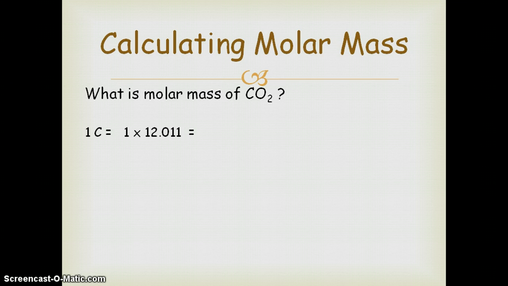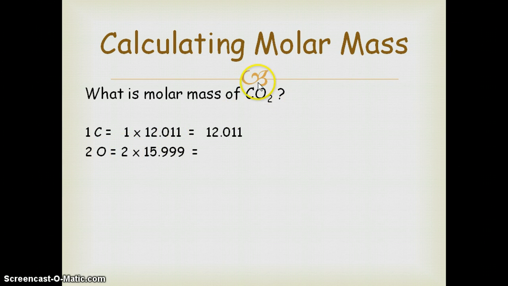You have 1 carbon atom. We know that its molar mass is 12.011 grams for every mole. Then we have 2 oxygen atoms. We know that their molar mass is 15.999, of course, again from the periodic table. We have 2 of them, so we multiply this 15.999 times 2.